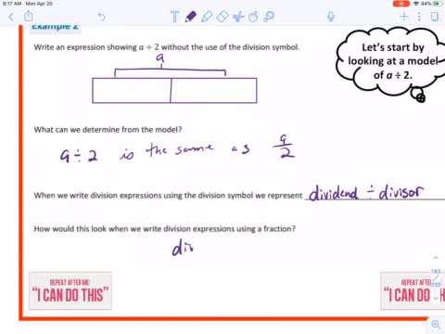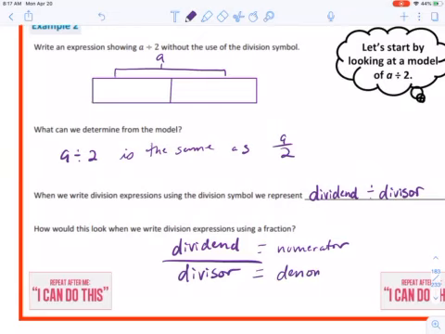Well, the dividend is going to go on top as the numerator, and the divisor is going to be the denominator.